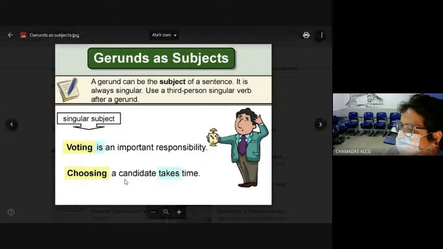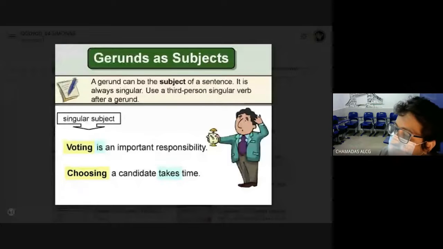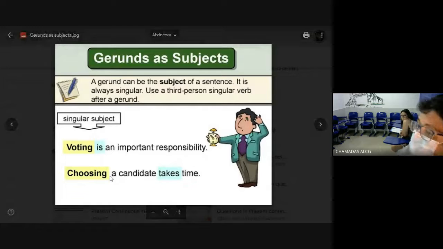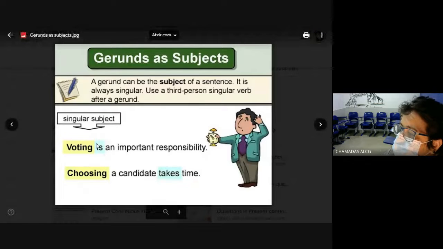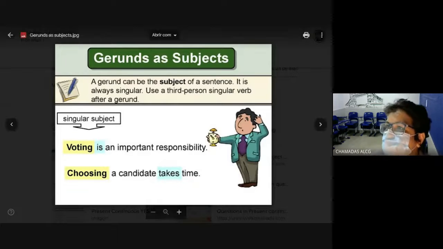Choosing a candidate takes time." Yes. So here they're talking about elections, right? And we can see they are using gerunds as subject. And observe that the verb that follows is always in the third person singular form if the sentence is in the present. Okay? All right.